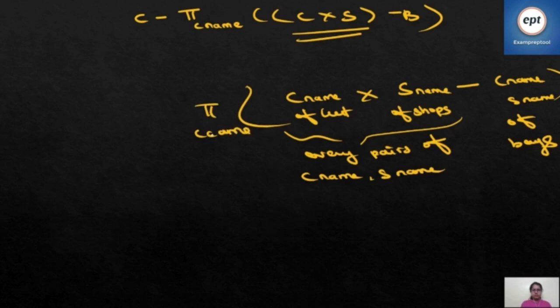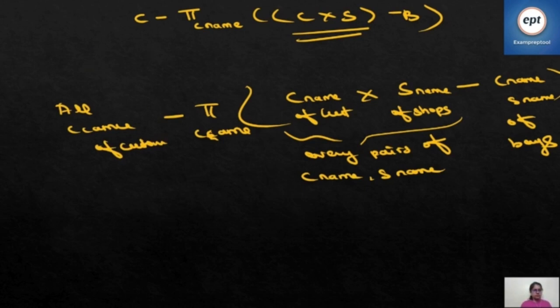So now from this information, what do we have? We have C name, and we will subtract this from C, which is the C names of all customers, and the attribute we have is C name.